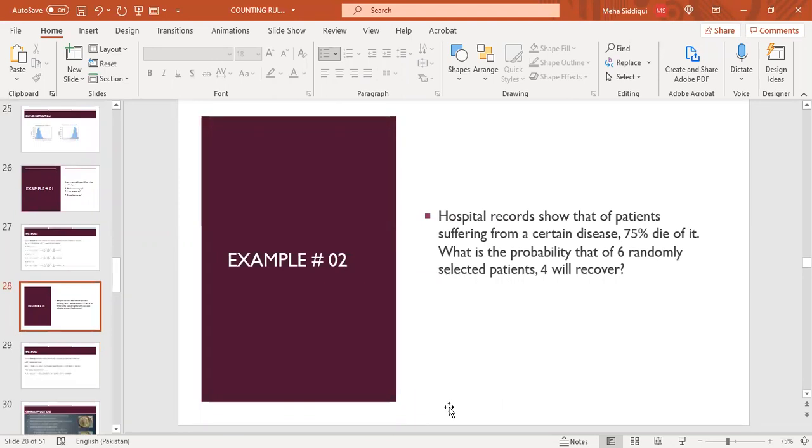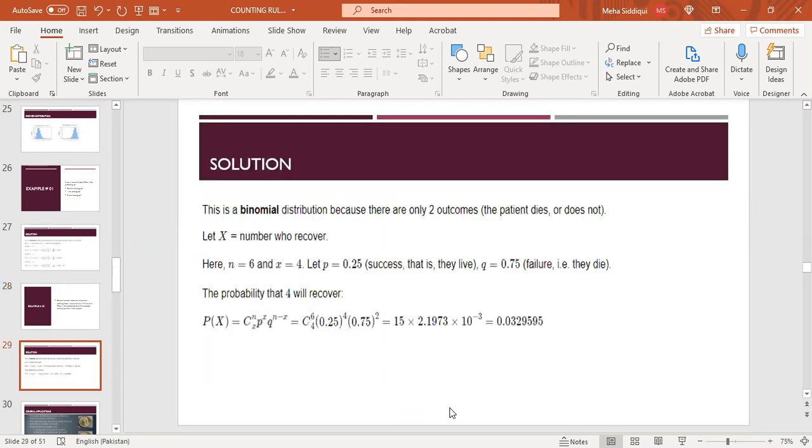Example number two. Hospital records show that of patients suffering from a certain disease, 75% die of it. What is the probability that of 6 randomly selected patients, 4 will recover? This is a binomial distribution because there are only two outcomes. The patient dies or does not. Let X be the number who recover, where n is equal to 6 and x is equal to 4.